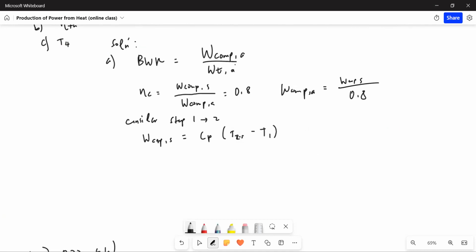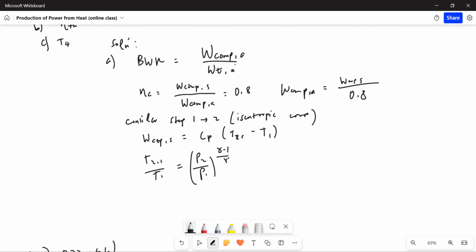Do we know these values? No, but since this is an isentropic compression, we can use the equation for T2S, referring to the ideal compression: T2S over T1 equals P2 over P1 raised to gamma minus 1 over gamma.